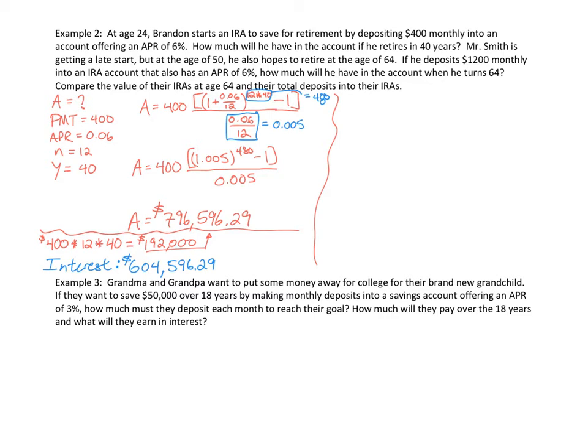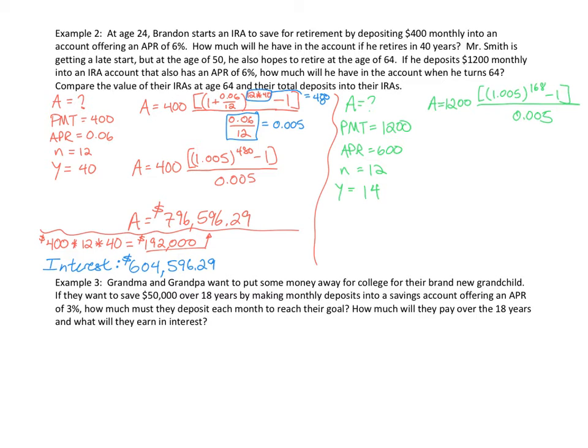So let's set up Mr. Smith's scenario. Okay, so I laid out all of Mr. Smith's information. We don't know how much money he'll have at the end. We know that he hopes to retire at the age of 64. He is tripling the amount of money he's putting into the bank each month over Brandon.